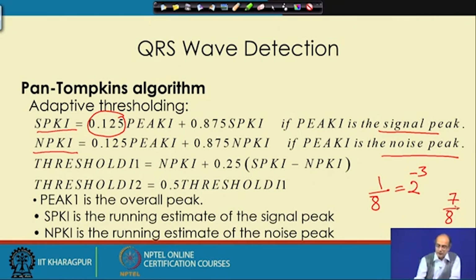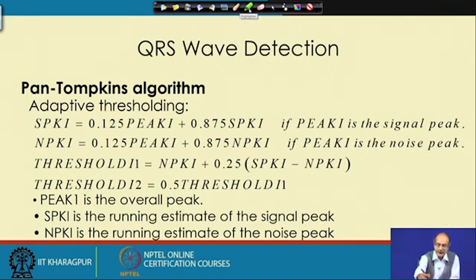So the previous value is multiplied by 7 and then 3 right shifts are applied. So 1/8 part of the new peak is taken, and it is used to modify both the signal peak and the noise peak estimates.